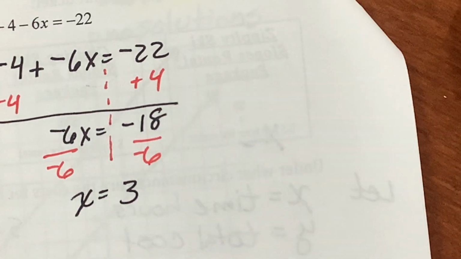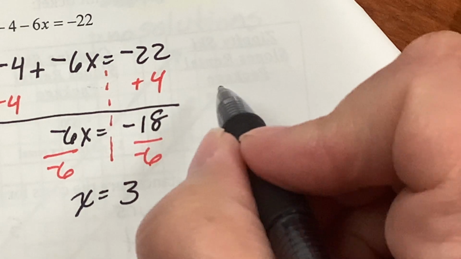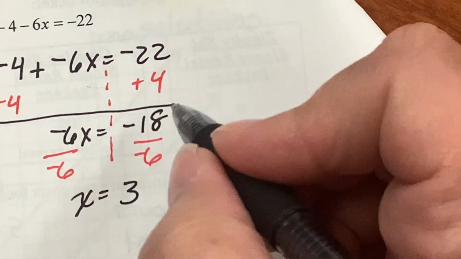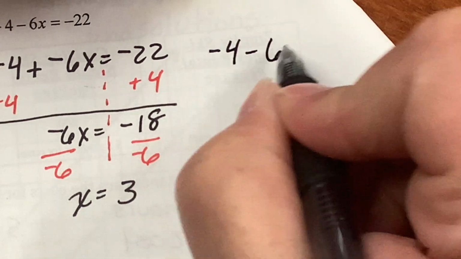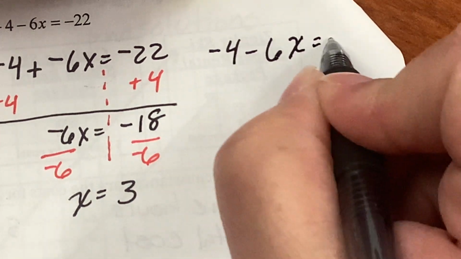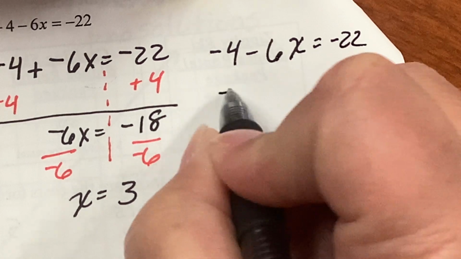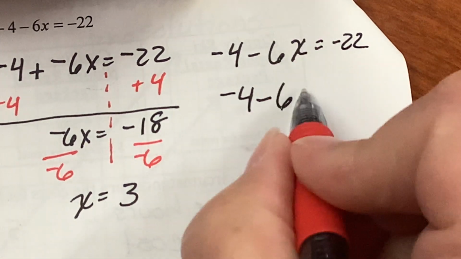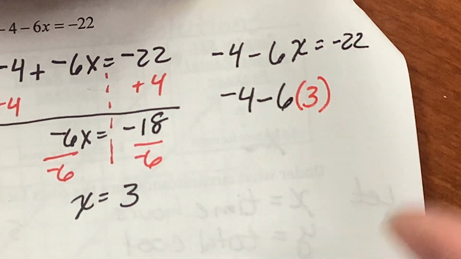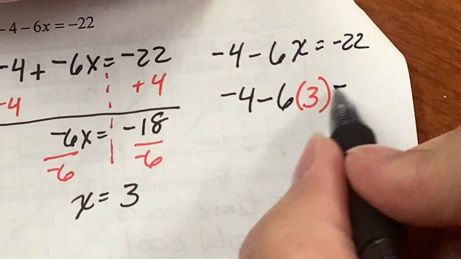Now, I'm going to come over here, and I'm going to rewrite the problem and substitute 3 for x. Negative 4 minus 6x equals negative 22. Negative 4 minus 6 times 3 equals negative 22.